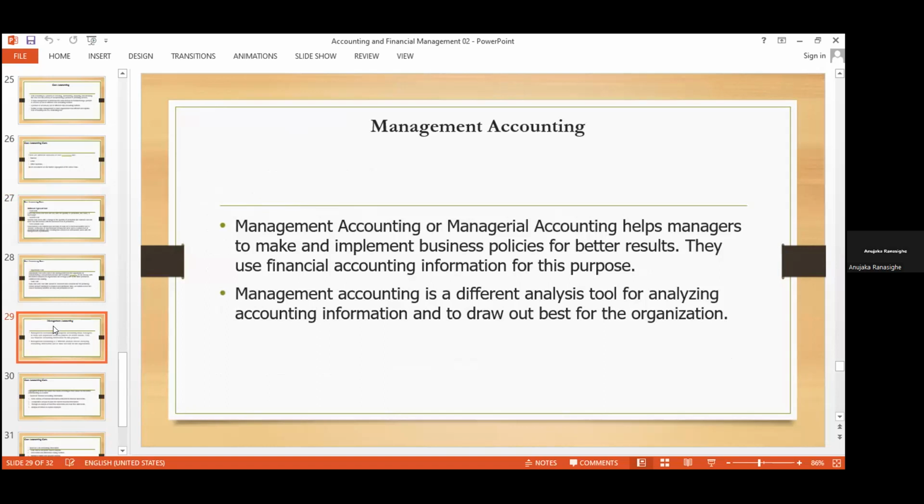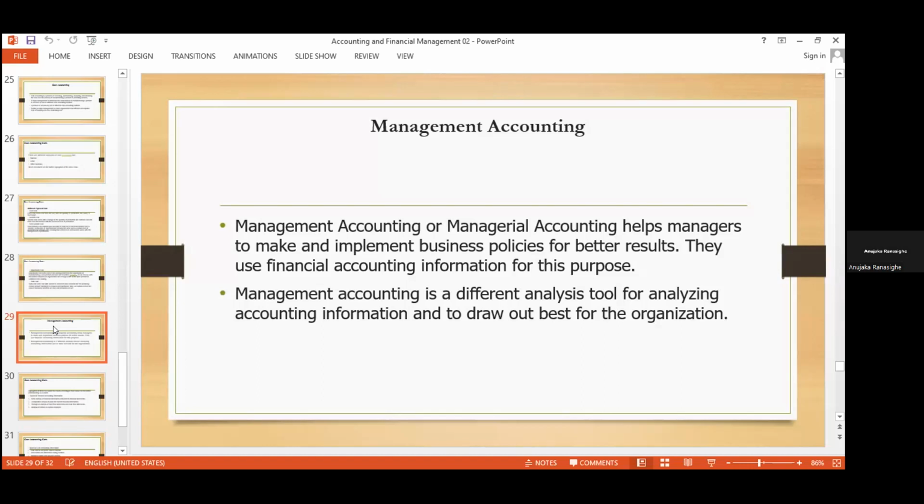Ratios and some mathematical methods are used in management accounting. Managers use these for making decisions, and investors use them for decisions about organizations and other entities.